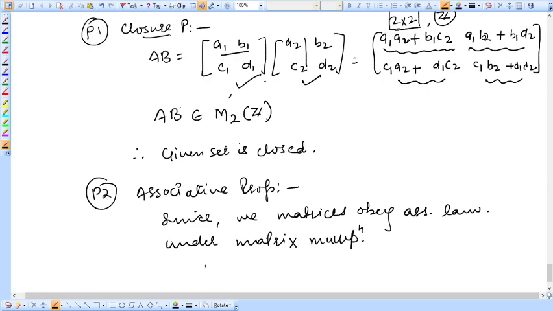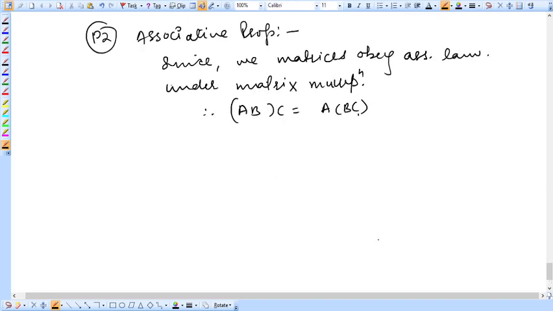Therefore (AB)C would be equal to A(BC) for all A, B, C belonging to M2Z, right?